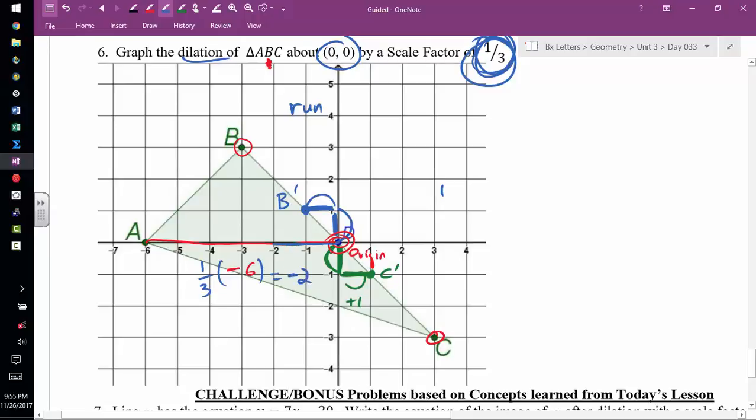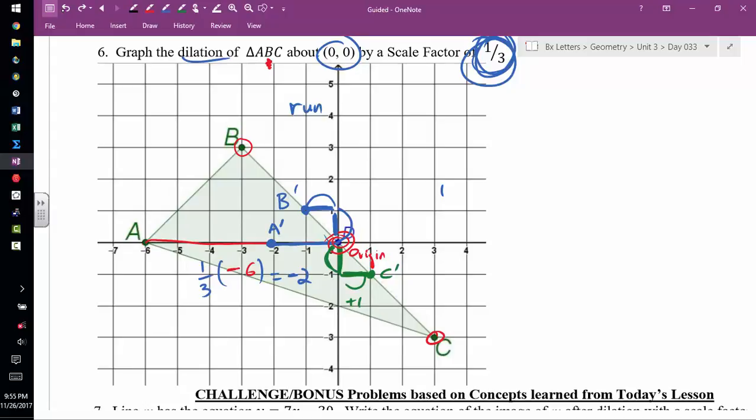We're only going to go to the left 2. And you can see that to the left 2, that's literally 1/3 of that entire segment.